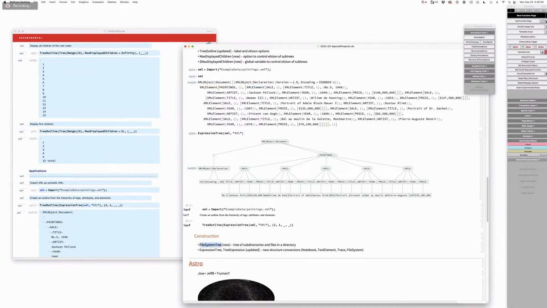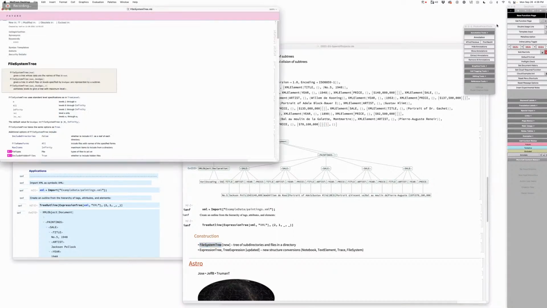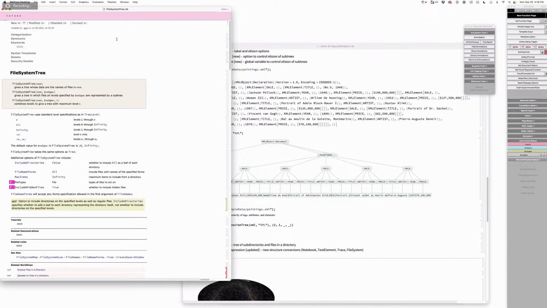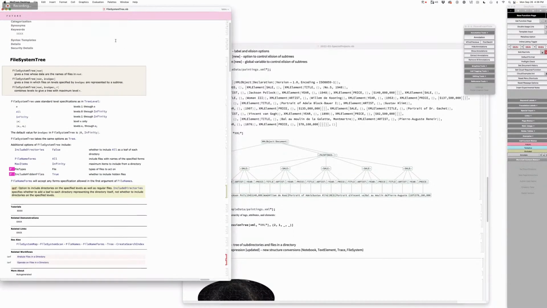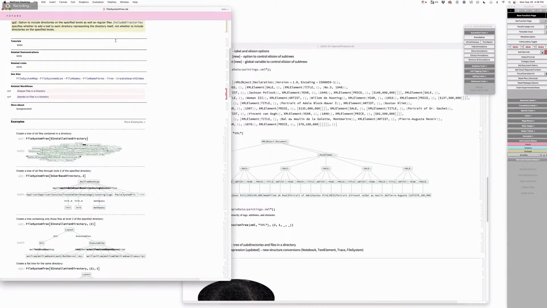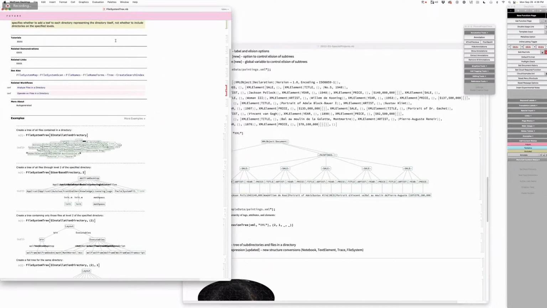File system tree? The ref page for file system tree. So since we've looked at this last, the idea here is to use absolute file paths for all nodes and then use file names for edges.